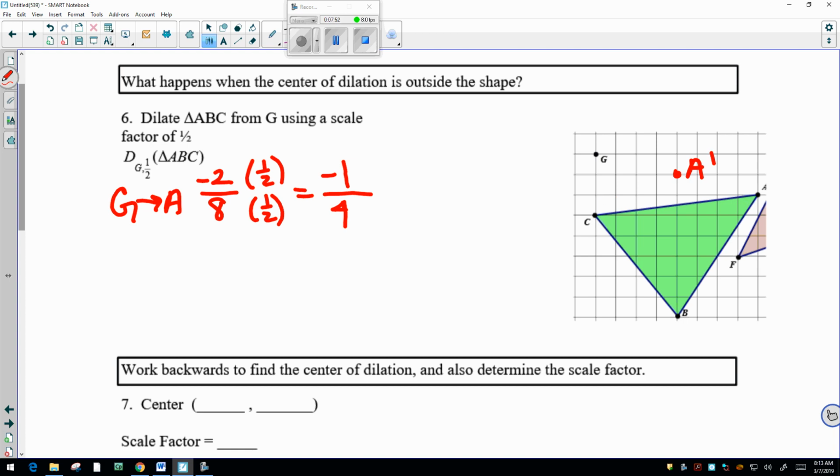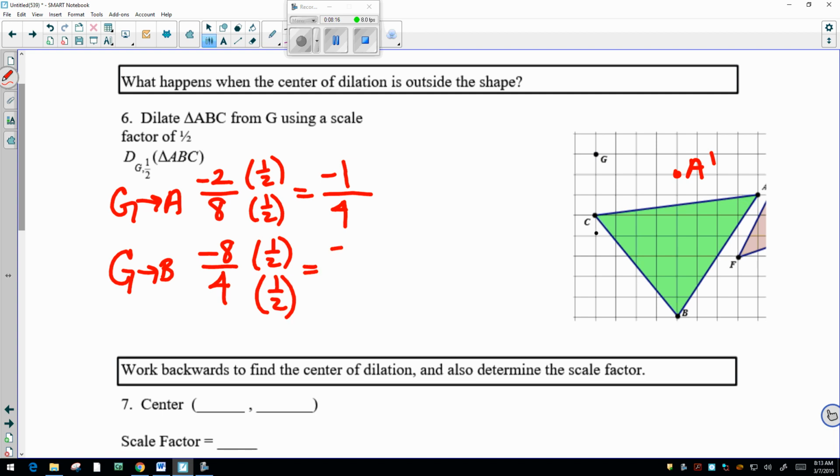If we look at B, B is going to be another big one. So from G to B, let's count your slope. I have to go down, it looks like 1, 2, 3, 4, 5, 6, 7, 8. And then I have to go to the right 1, 2, 3, 4. So I have a slope down 8, right 4. And now again, scale factor is a half, so I only want half of each of these.